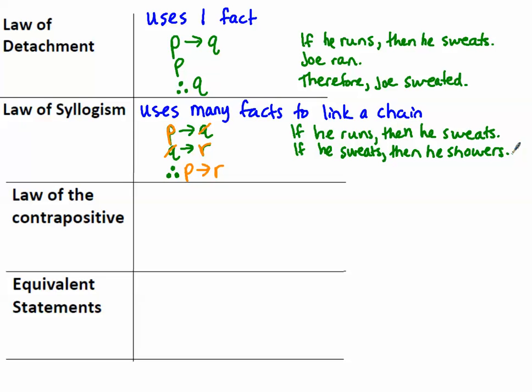So concluding, or rather summarizing the story, if he runs, ultimately what happens? Well, his sweating caused him to have to shower. So we could say, therefore, if he runs, then he showers, linking the beginning of our story to the very end of our story, kind of like giving a summary.